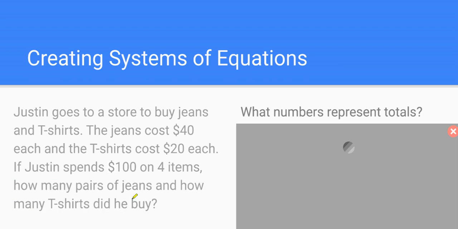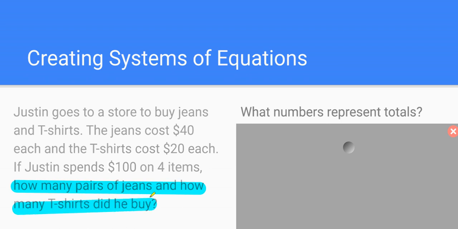So step two is, once we have this highlighted, right? We already know that, right? Do we have any totals? Every time we're making these systems of equations, we're going to have something on the other side of an equal sign, right? Do we have any totals? Do we have any things that represent the result of doing something, right?